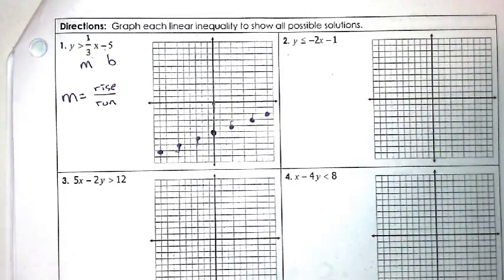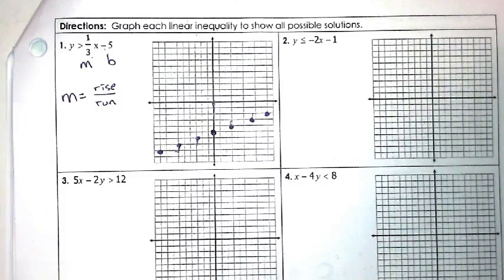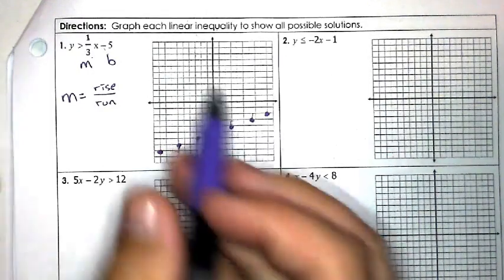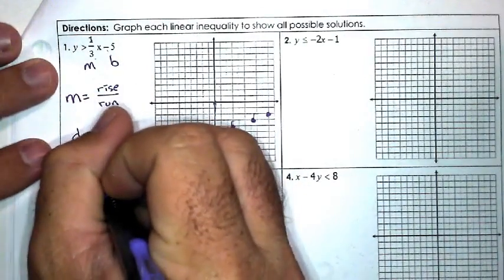Once I have at least the dots on my graph, I can now ask myself those two very important questions. Question number 1, will I have a dashed line or a solid line? AKA, inclusive or not inclusive? Which means it is non-inclusive. I will have a dashed line, which is not inclusive.